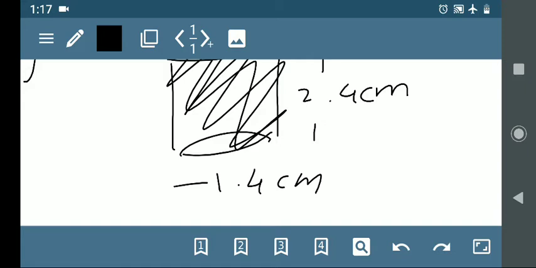A conical cavity of the same height and same diameter is hollowed out.